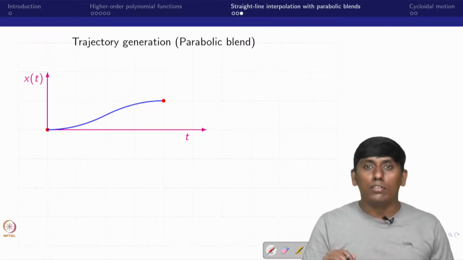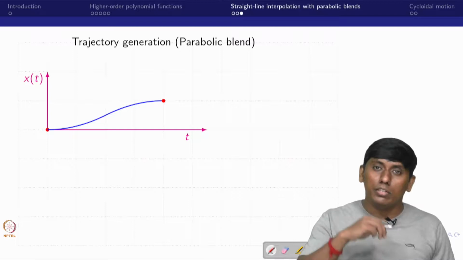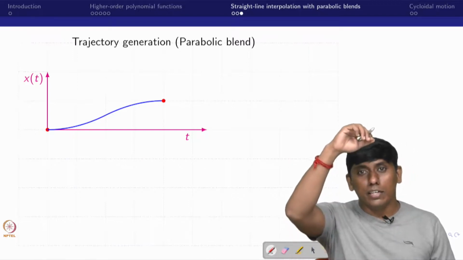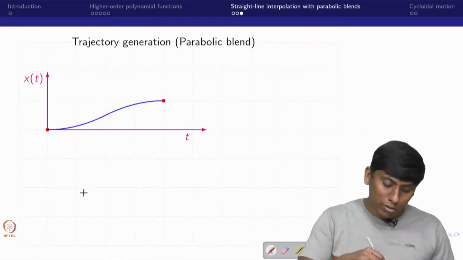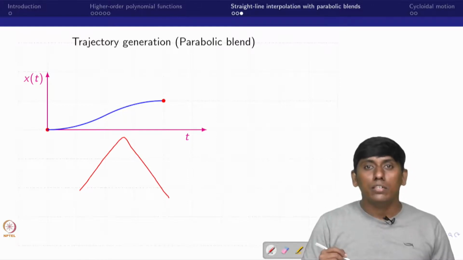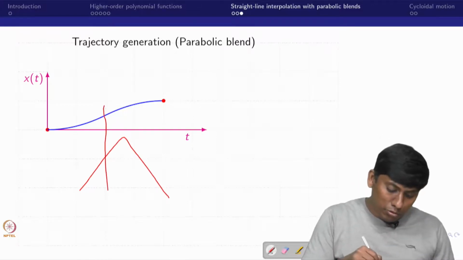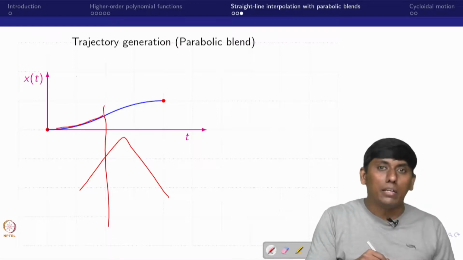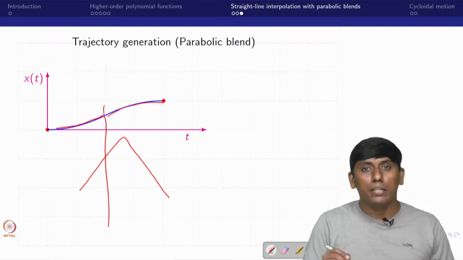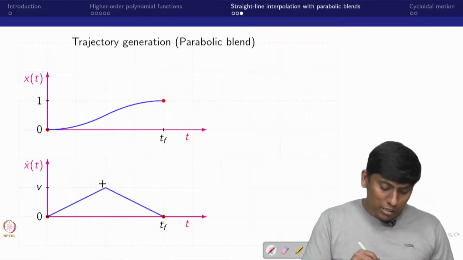The same way, we have seen the parabolic blend with uniform acceleration and deceleration, in the sense there is no constant velocity at all. The velocity gradually increases, then suddenly starts decreasing, so the velocity goes up and down like this. Up to this point the acceleration is happening, and after that the deceleration is happening. That is what we are trying to see here.